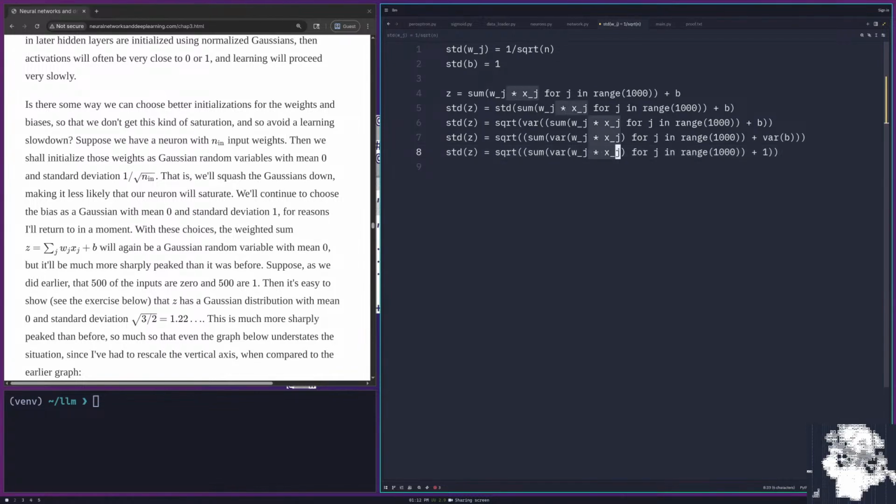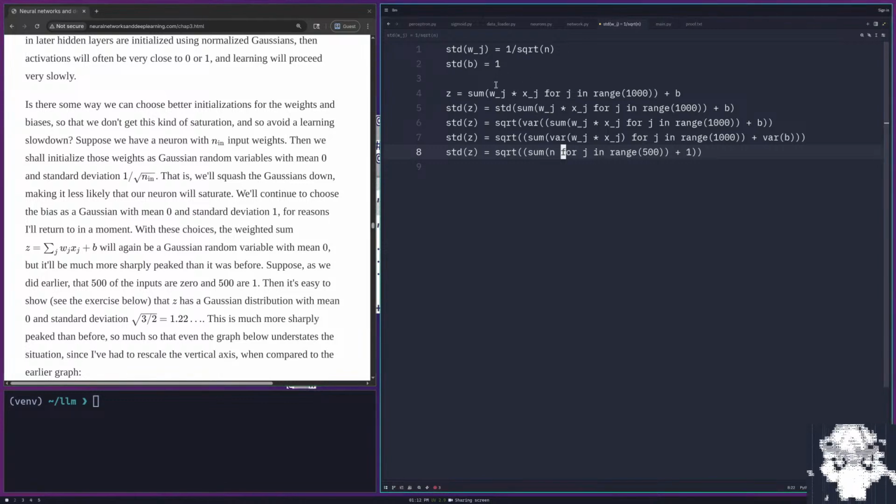This is the same as this, because half of them are 0 and half of them are 1, so let's just sum over half of them instead. And then the variance of a wj is going to be n squared, or just n actually.